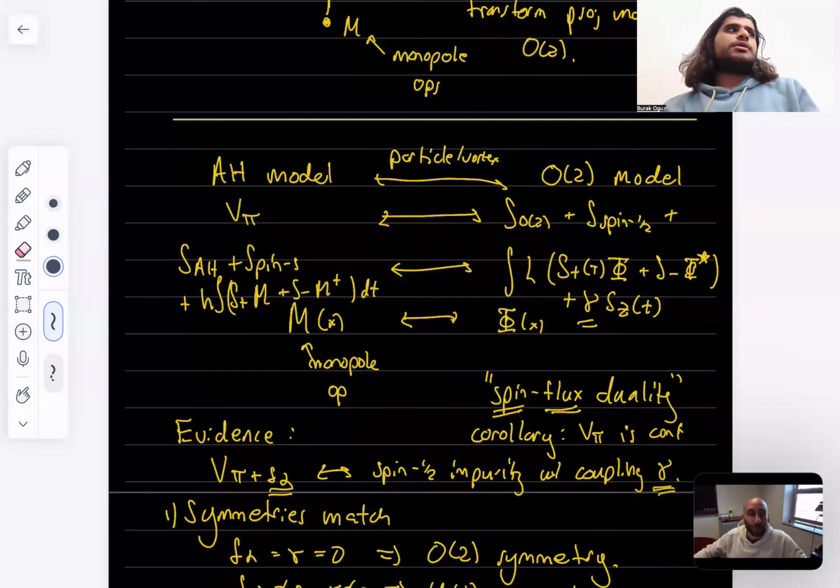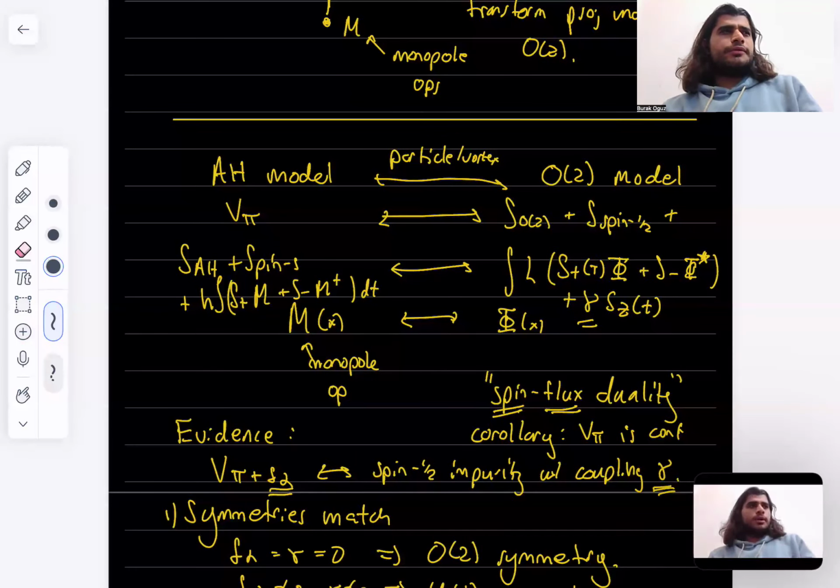I see. And I was also curious about this because at some point you said that there's a conjecture that the O3 model does not have any one-form symmetries. So if it doesn't have any one-form symmetries, naturally there wouldn't be any particle vortex duality to abelian Higgs model with, let's say, charge 2, because in that case we have a Z2 one-form symmetry with the Wilson lines, but on the O3 model we don't have that.